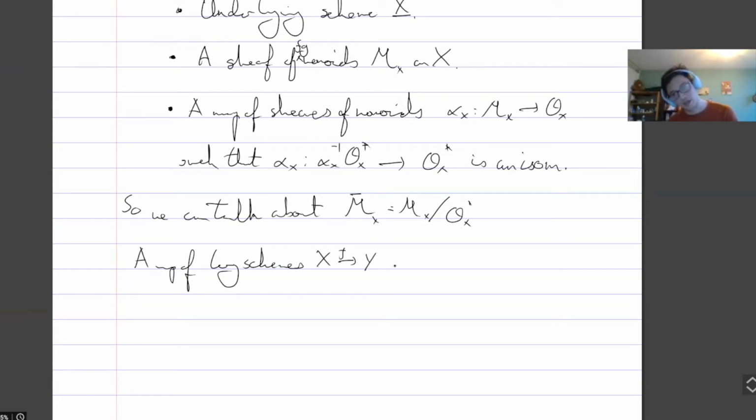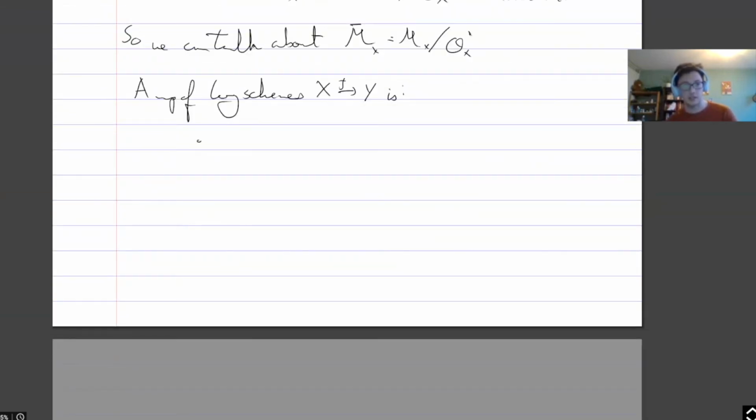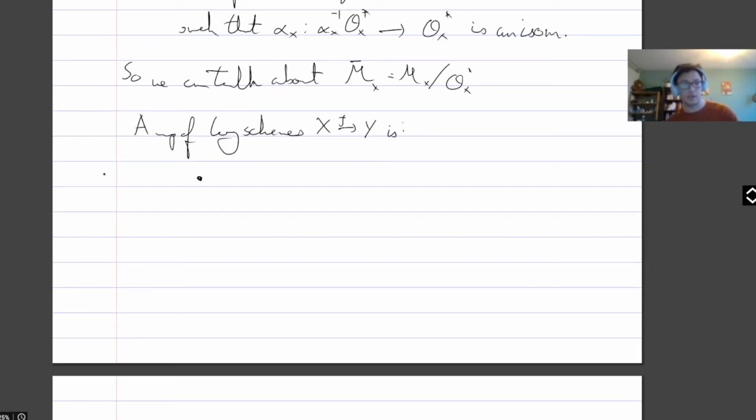A map of log schemes, X to Y, is the following data: one, a map of underlying schemes, and two, a map f upper sharp fitting into the following diagram.